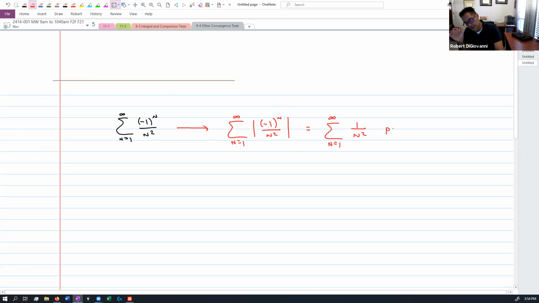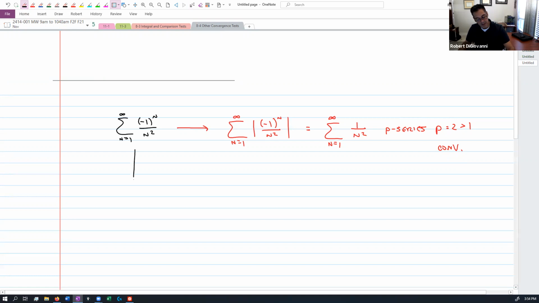And that's a p series with p being 2, which is greater than 1, so it converges. So when we started with this series, we took a look at this new series, which is the series of the absolute value of the sequence here. And we looked at that and we said that it was convergent. What does that mean?